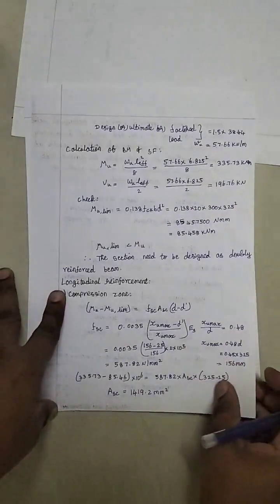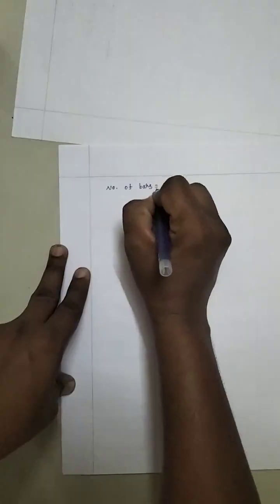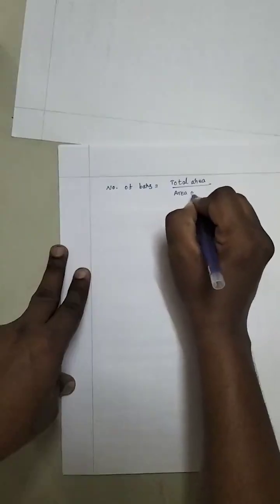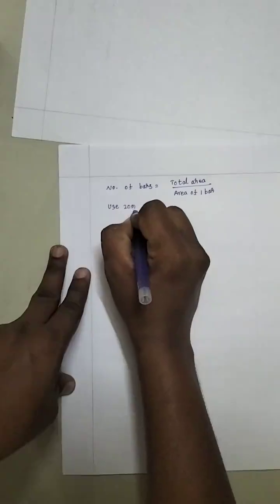So next I need to calculate the number of bars for the compression zone. You know the formula: total area divided by area of 1 bar. Here I am going to assume 20 mm dia bar.